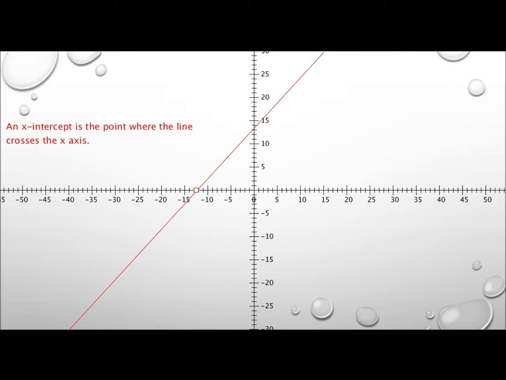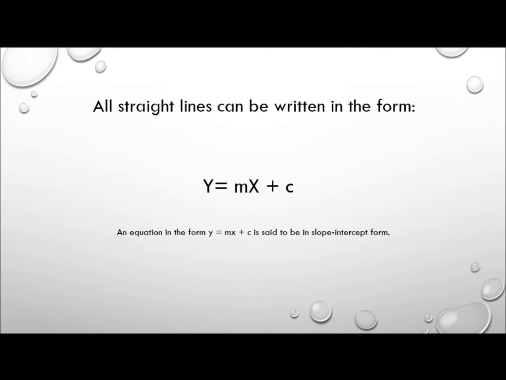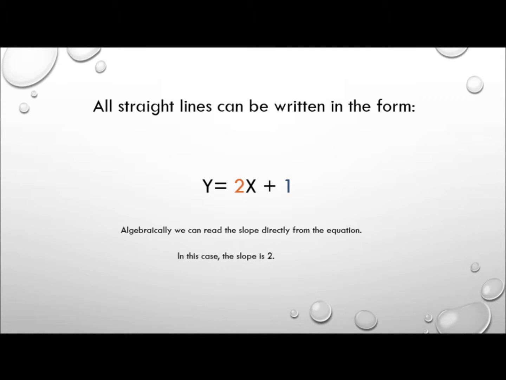An x-intercept is the point where the line crosses the x-axis. An equation in the form y equals mx plus c is said to be in slope-intercept form. Algebraically, we can read the slope directly from the equation. In the case of y equals 2x plus 1, the slope is 2.